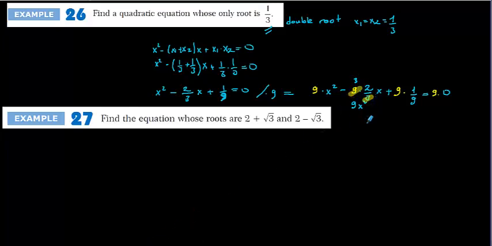Then 9 and 3 we simplify, and here 9 and 9 we simplify.